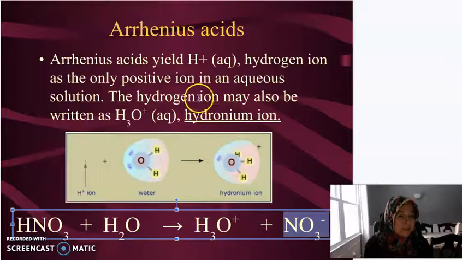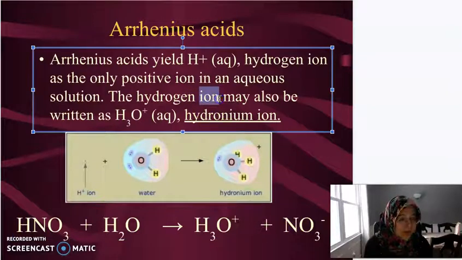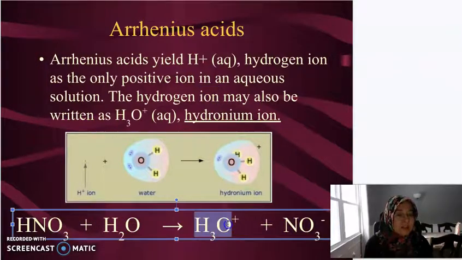They form ions. Remember ions, positive or negative, cation or anion. So if you mix acid with water, it is going to form hydronium ion, that is called Arrhenius acid.